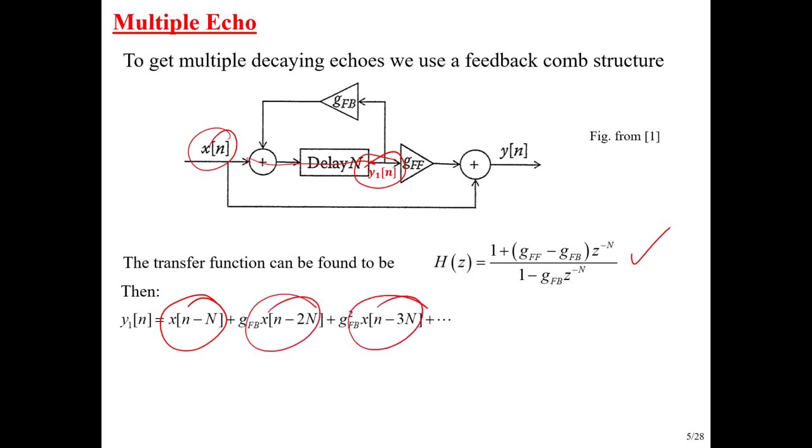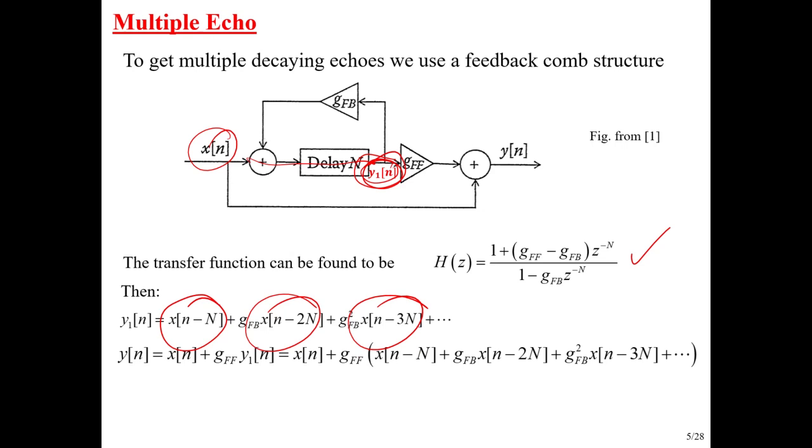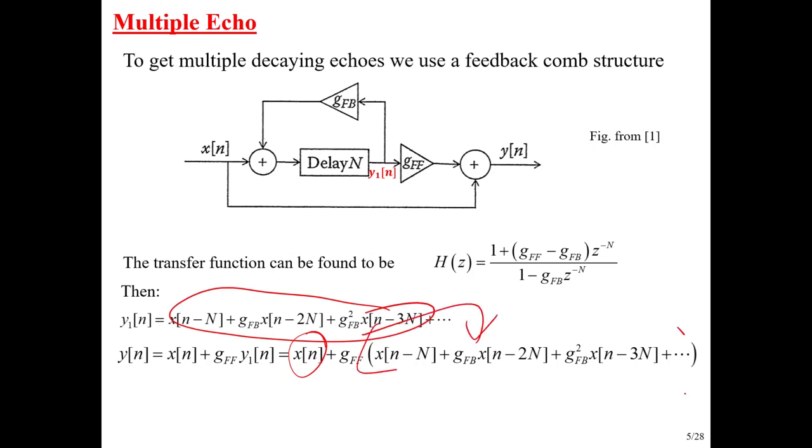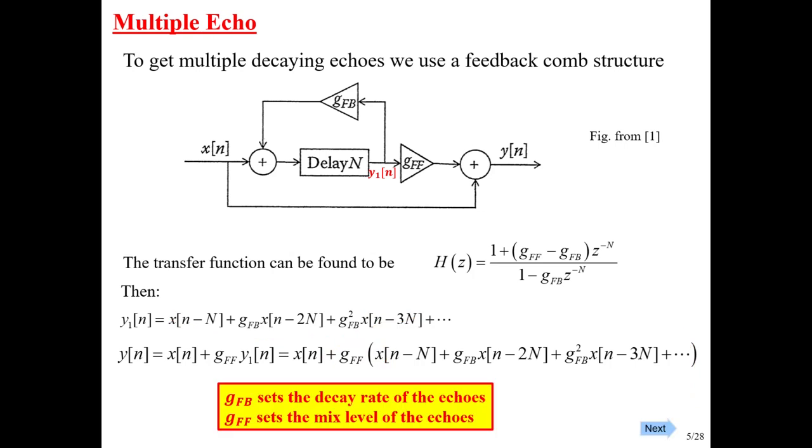So that's the idea of what this result is here. And then the actual output is that result times G sub FF plus an x of n going straight through. And so now we just write x of n, take all of this and put it in here, times G sub FF, and we have figured out what that thing will look like.